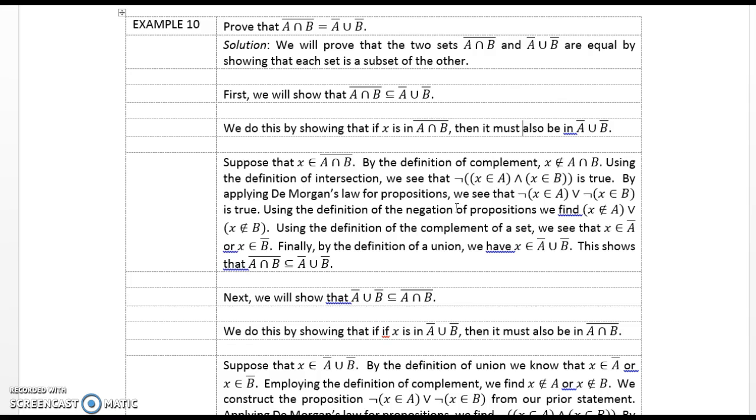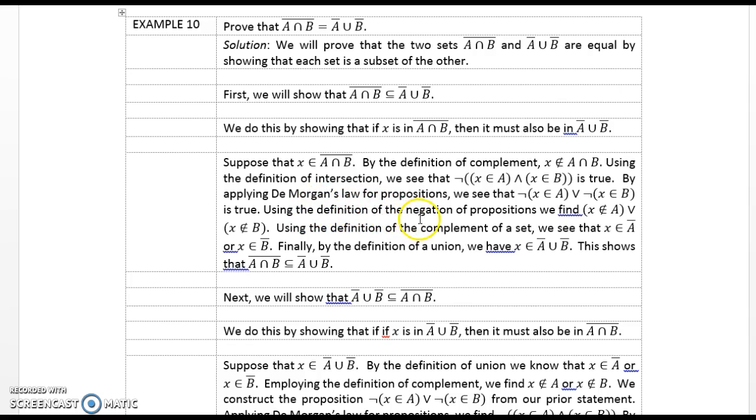Using the definition of the intersection, we see that not (X is an element of A and X is an element of B) is true. By applying De Morgan's law for propositions, we see that not (X is an element of A) or not (X is an element of B) is true.